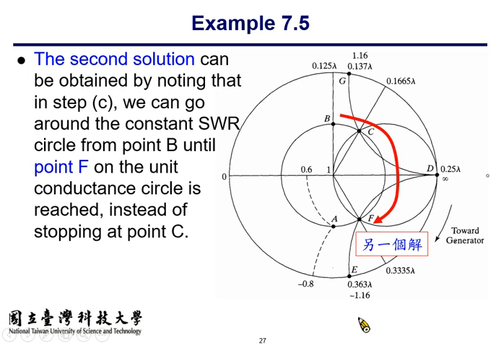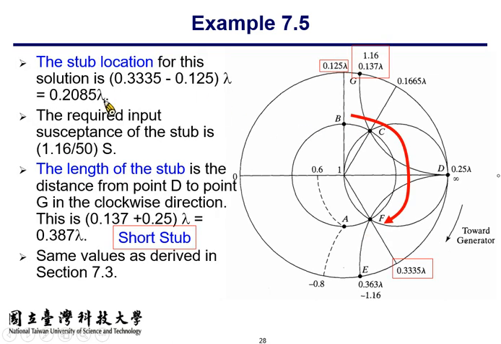And on this plot, you see there is another solution that can provide you an intersection with the unit conductance circle. That is location F. So the length required to move from B to F will be what? The difference of 0.3335 and 0.125. So the length required is 0.2085 wavelengths.